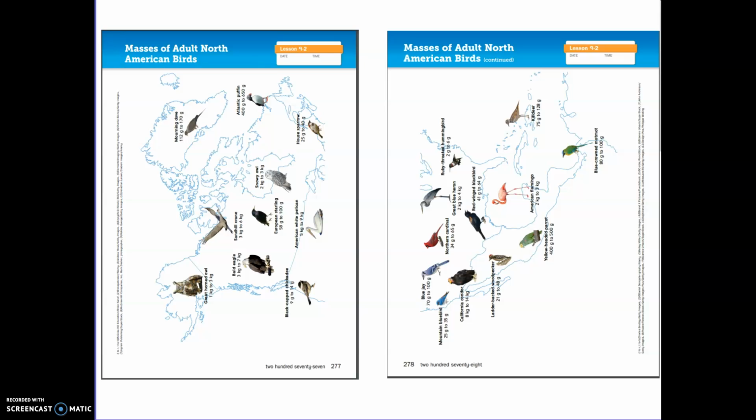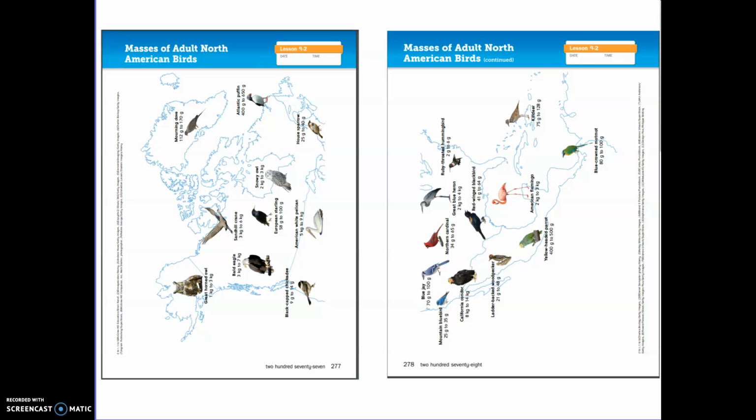Pause the video and turn it back on when you have those two picked out. Okay, the heaviest bird, the bird with the biggest mass, is the California condor with 14 kilograms. And the one with the least mass is the ruby-throated hummingbird, and that is a mere 2 grams.